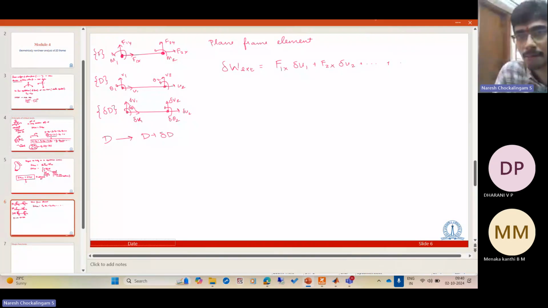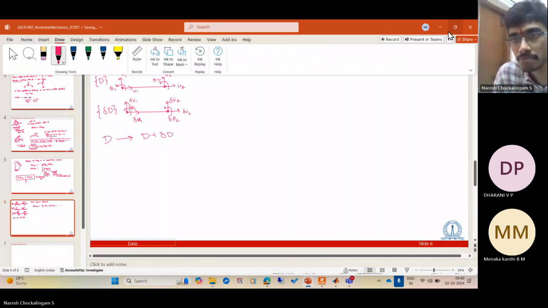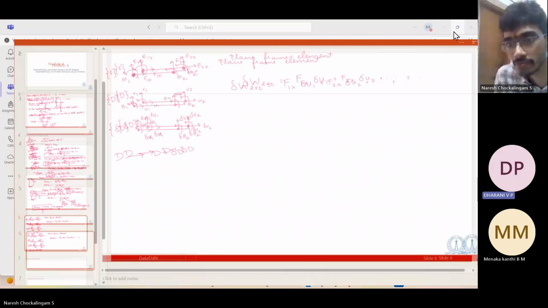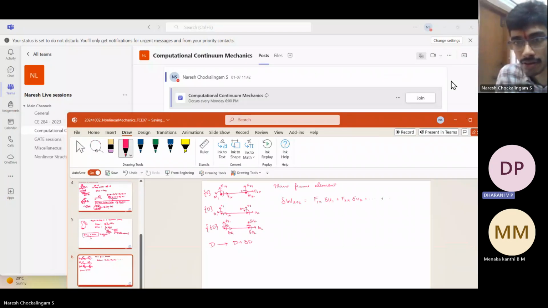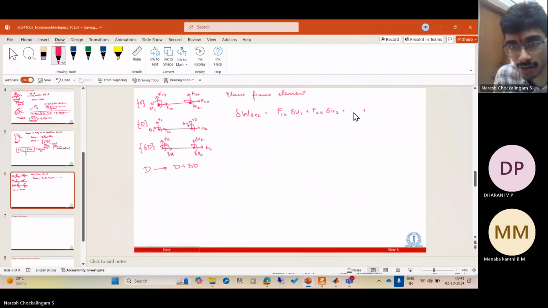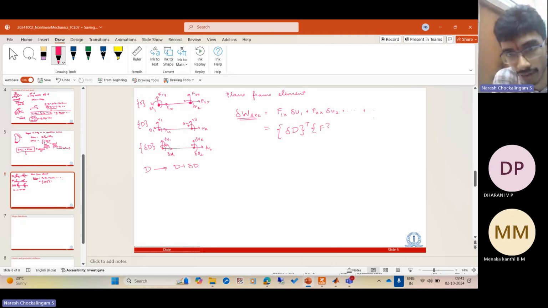Yes, it is F1x delta U1. The virtual external work done is F1x delta U1 plus F1y delta V1 and so on, right? That is fine. Now we can concisely write it as delta D transpose F.